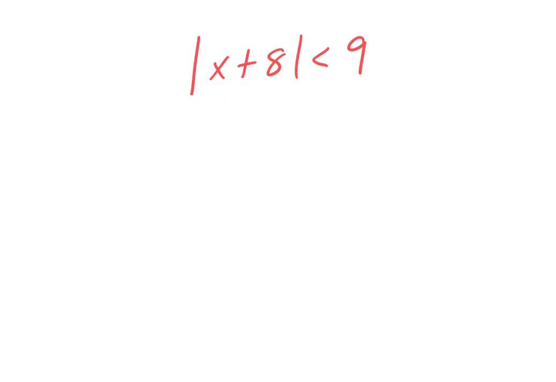My symbol is less than, so we think less than and. So I'm going to write and here to start with. Because the absolute value is by itself, x plus 8 is less than 9. The second one, x plus 8 is greater than negative 9.